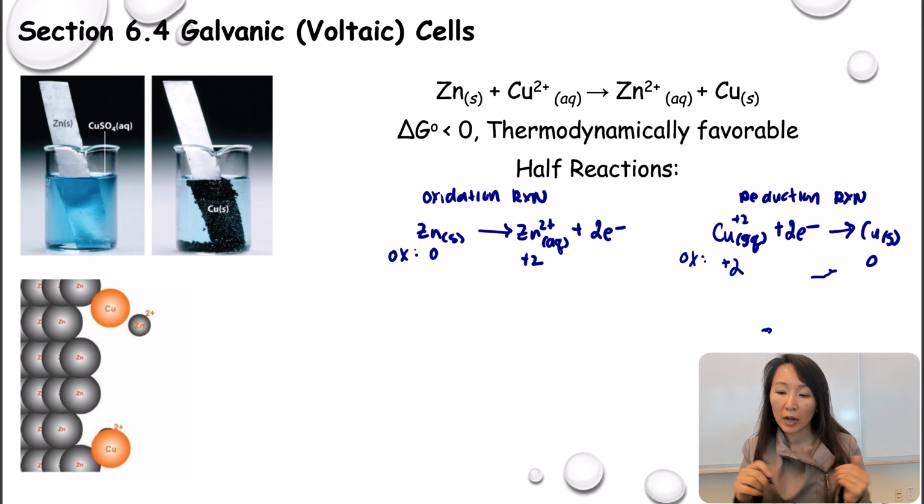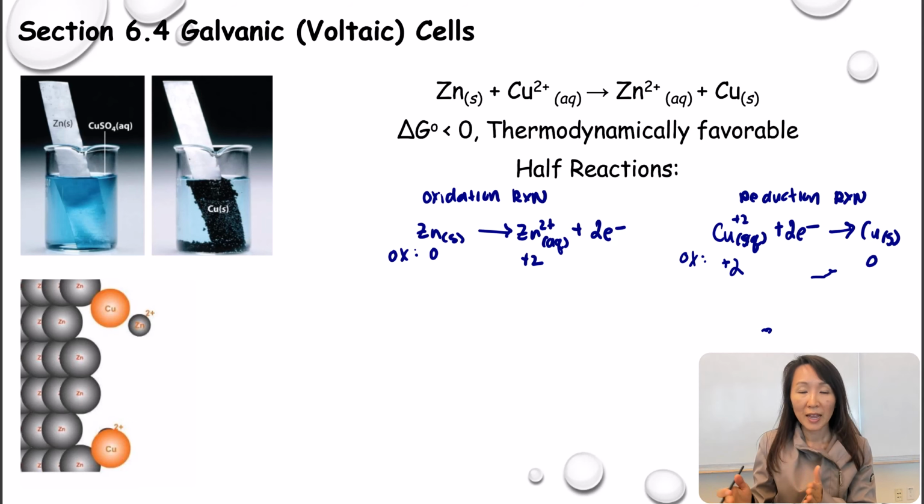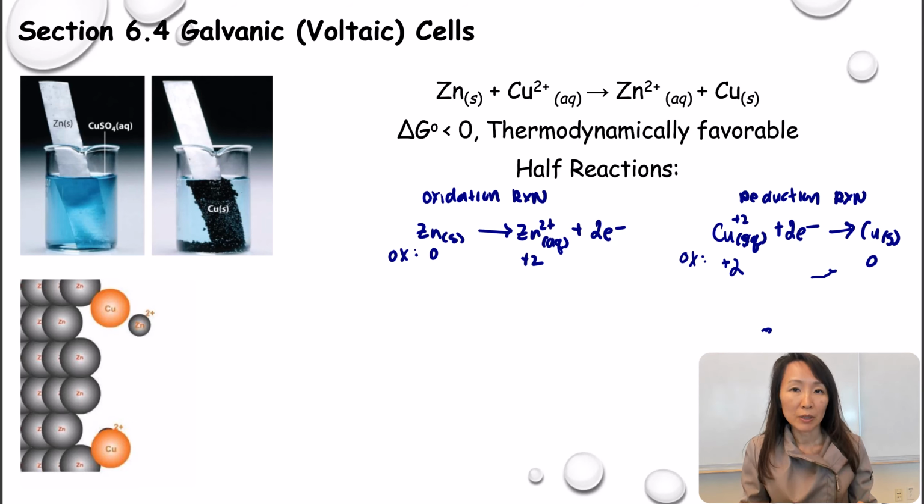So you need to gain 2 electrons in order to go from +2 to 0. Through the oxidation number, we know how many electrons are being transferred. In fact, the electrons transfer from the zinc, which has lost them, and the copper gained those 2 electrons. So we can say that the equation above is balanced by moles and by charge.